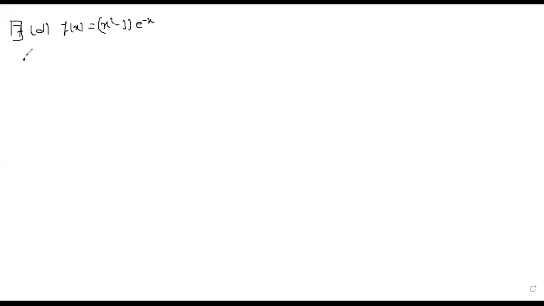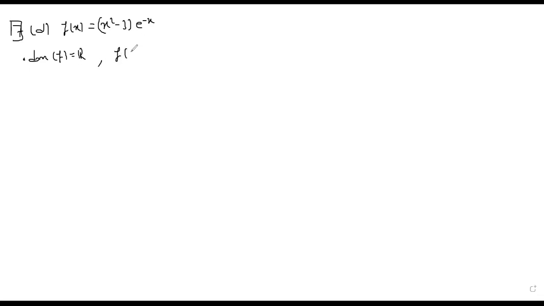Now, what's the domain of this function? It's real numbers, right? There is no point which makes this function undefined. This is x squared minus 3 over e to the x. E to the x is never 0, so the domain is all real numbers.